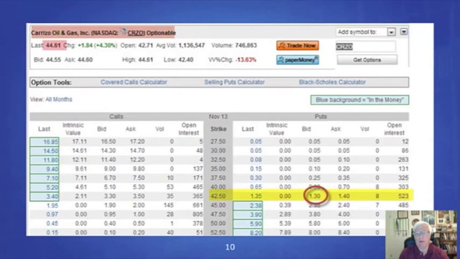The ask column is the amount we'd have to pay if we purchase the put. So in this case, we would generate $1.30 or $130 for the 100 shares that make up one options contract. So once again, in this particular hypothetical, we're selling the 42.50 out of the money put for $1.30.